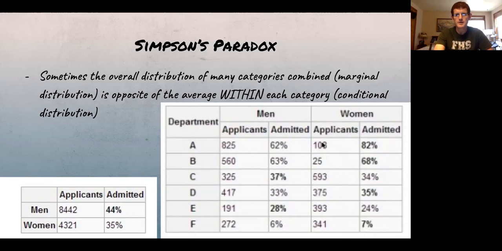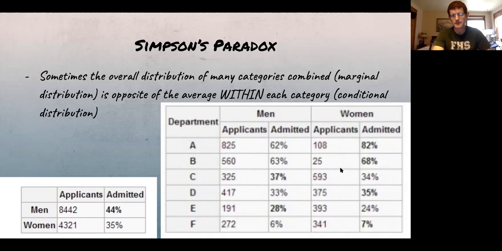So how does Simpson's paradox work? This is just something you need to recognize and understand the concept behind. Notice that the higher admittance rate departments, these top two, are preferentially chosen by men. The men who apply are applying, it seems, preferentially toward these departments that admit a lot of them. And the women, and this is real data, though these numbers for applicants don't add up to 4,321.